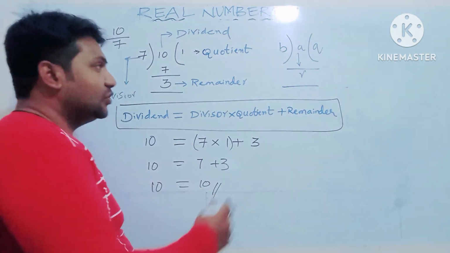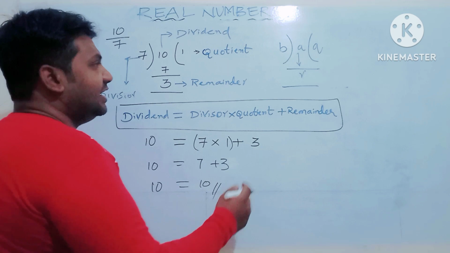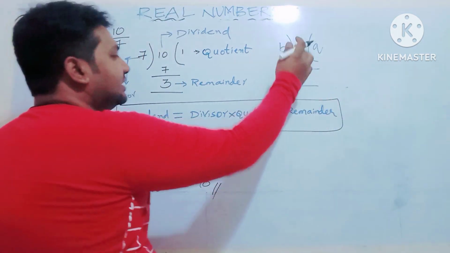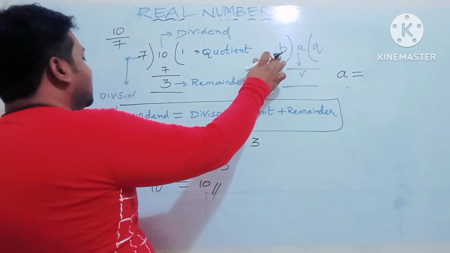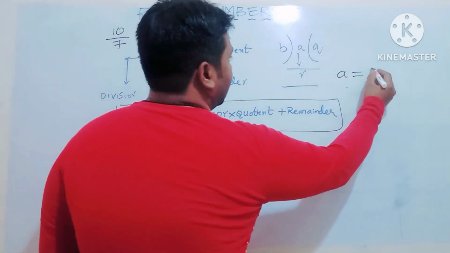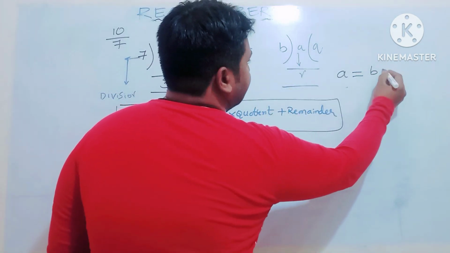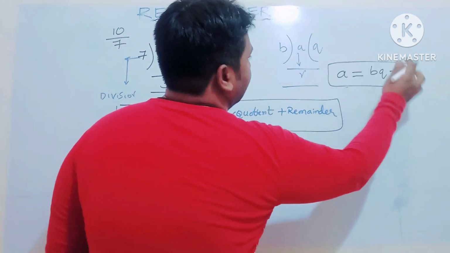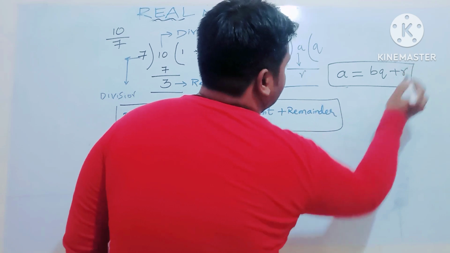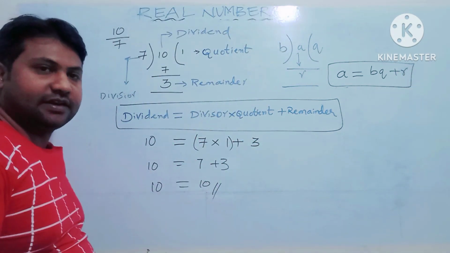Got it? So here also we can write a = divisor b into quotient q plus remainder r.